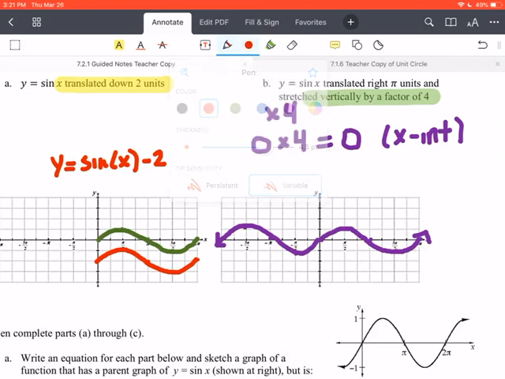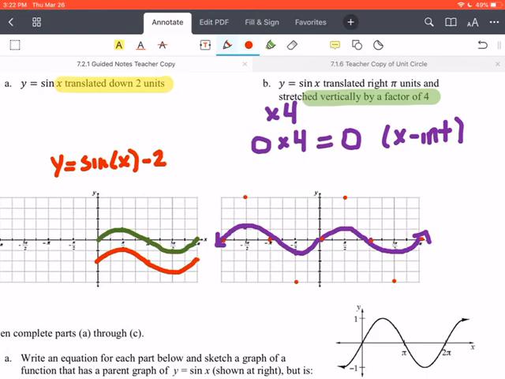So if I get a different color, we are going to start at 0, and again, my 0 stays the same. But then when I get to pi over 2, I have to take 1 times 4, and now I get to 4 in the y direction, and then I get to pi, and the sine is 0, so 0 times 4 is still 0, but then at 3 pi over 2, when I multiply -1 by 4, I get -4, and then I'm back to 0, and I can continue that pattern in the backwards direction to make it look nice and pretty.